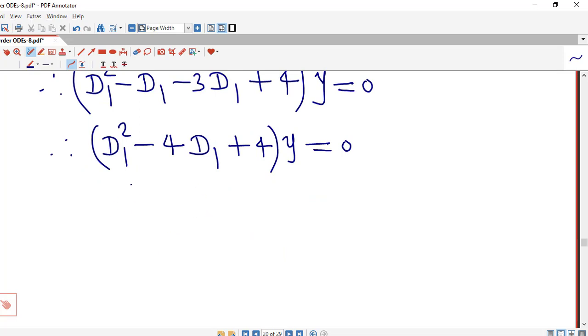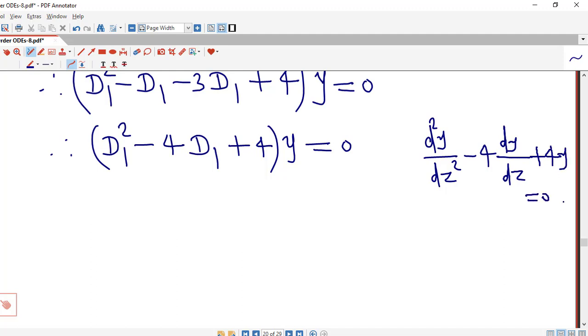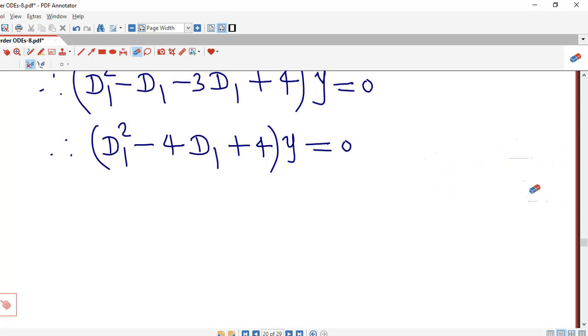This is now a linear differential equation with constant coefficients in y and z. We can rewrite it as d²y/dz² minus 4 dy/dz plus 4y equal to 0.